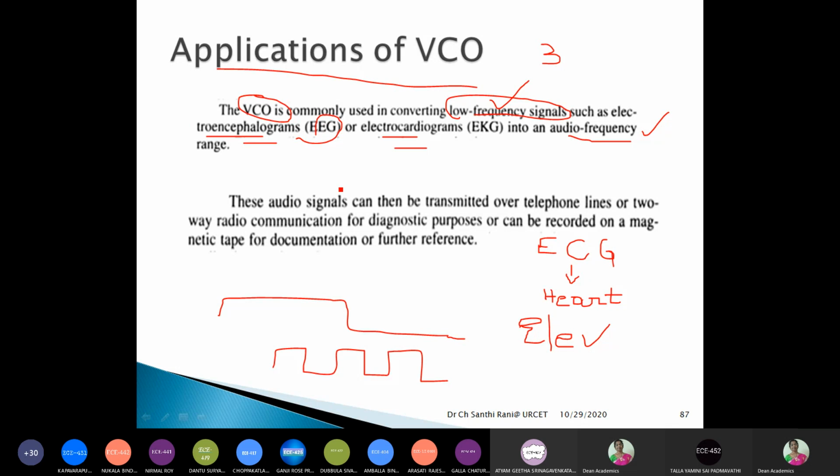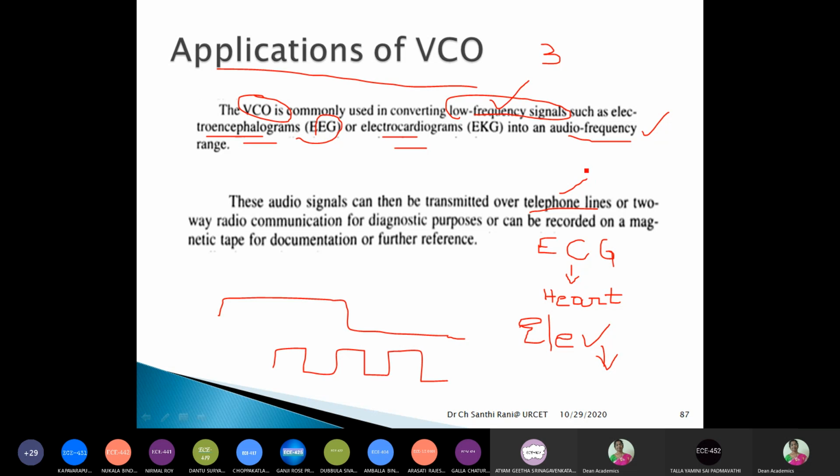Then this voltage controlled oscillator will convert these very low frequency electrical signals into the audio frequency range, and then the signal can be further transmitted over telephone lines, because telephone lines mean audio range.